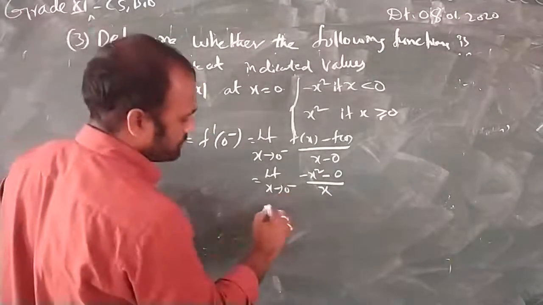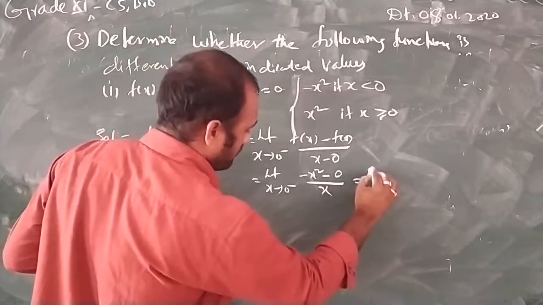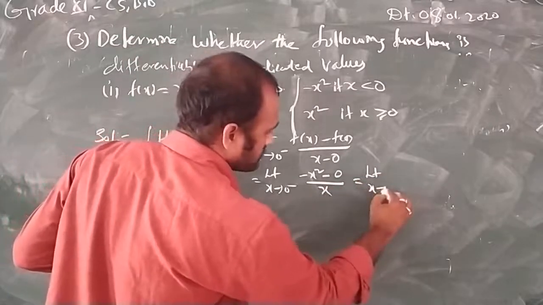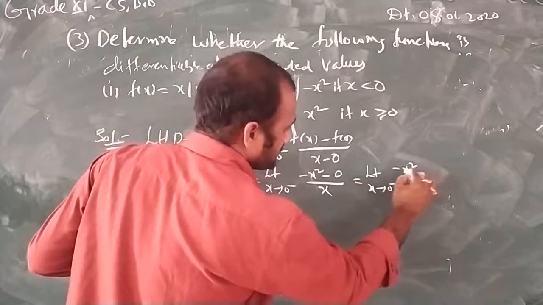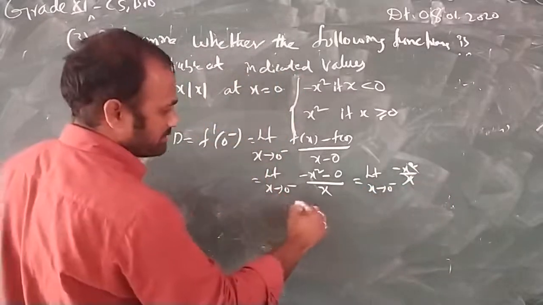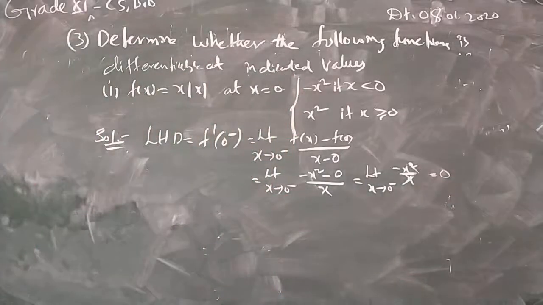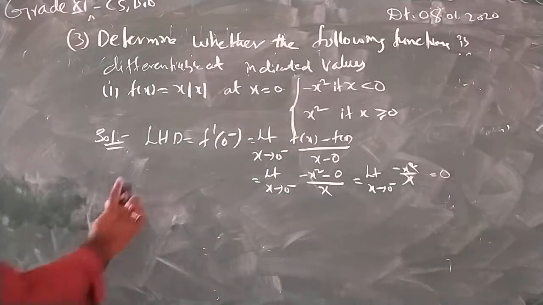So we are left with limit x tends to 0 minus of minus x square by x. The x gets cancelled. The limit value is minus x, that is minus 0, which we can write as 0. So we got the left hand derivative as 0.